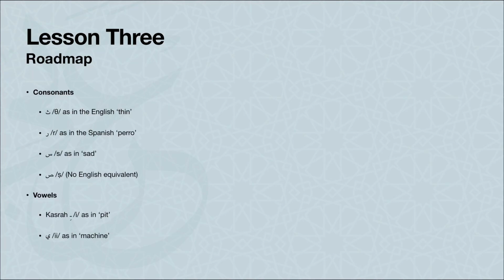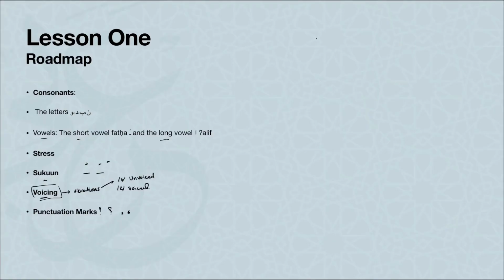A quick recap. In lesson 1, we learned our first 4 consonants, which are the noon, the ba, the dal, and waw. Then we took a quick overview of the vowel systems in Arabic, and learned that we have three pairs of vowels.